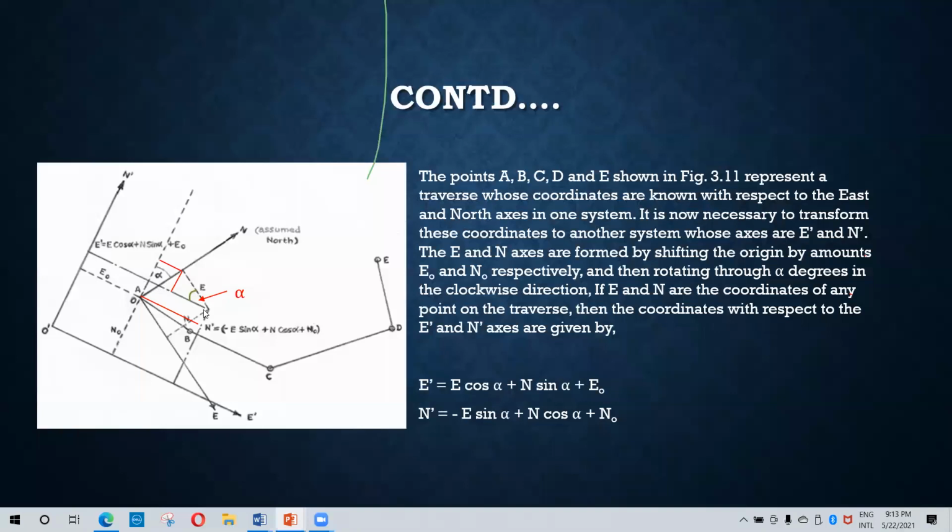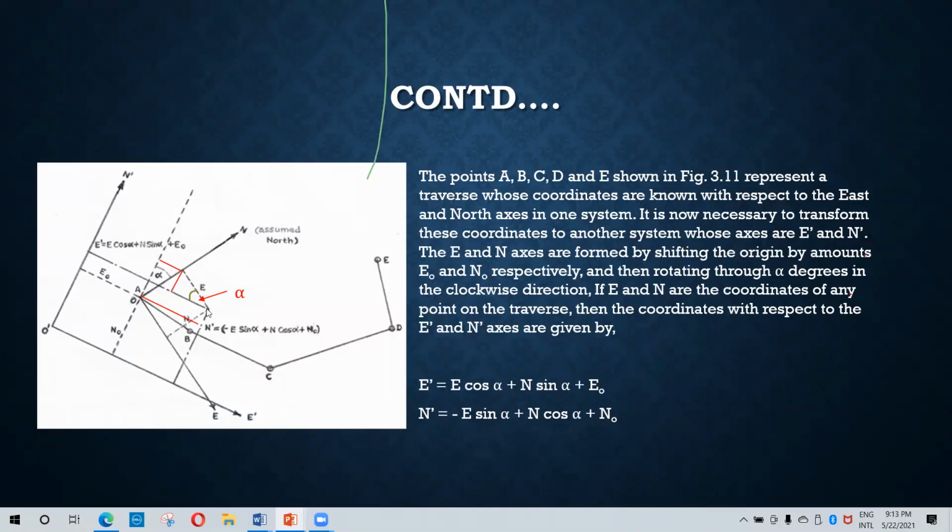To calculate this distance, you already know the distance from this point to this point, which is equal to E naught, because the origin, point A, is N naught and E naught. So this distance is E naught. You only need to find this distance here, which you can find in terms of this E and this N.